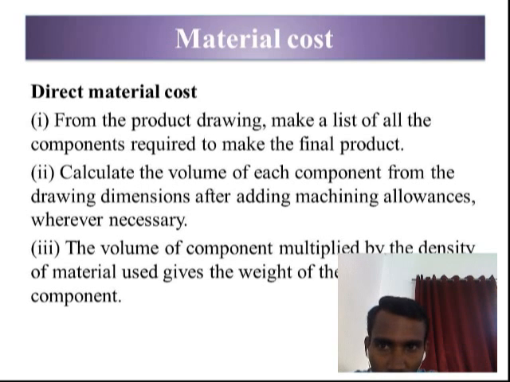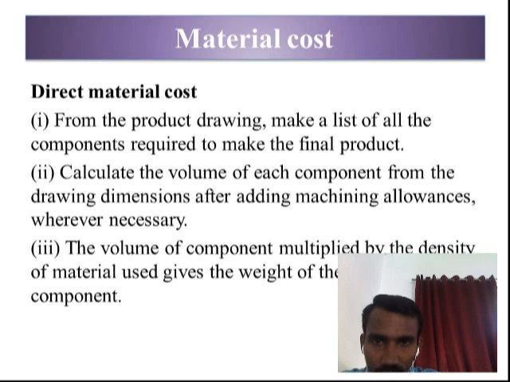First of all, material cost. Material cost means the costs invested for manufacturing a component based on the raw materials. First, direct material cost. Direct material cost means from the product drawing itself we have to identify the material.